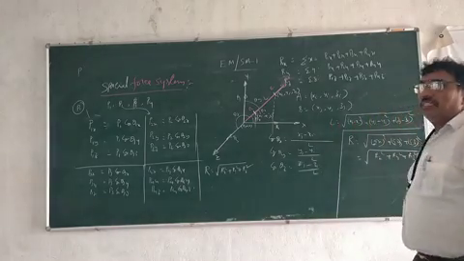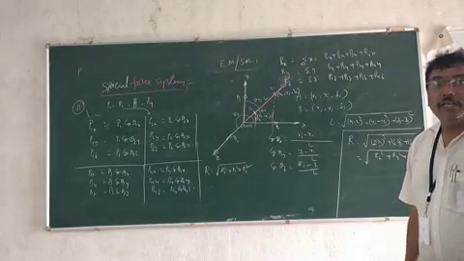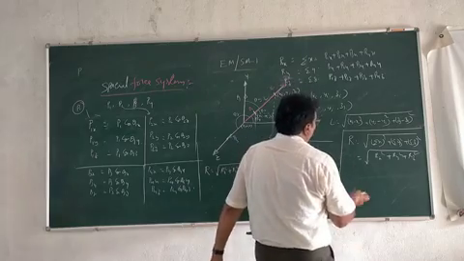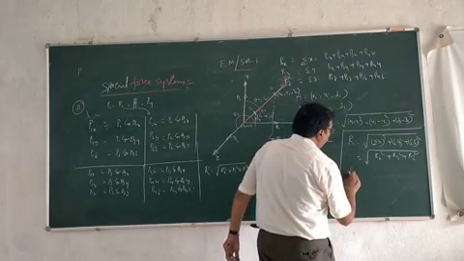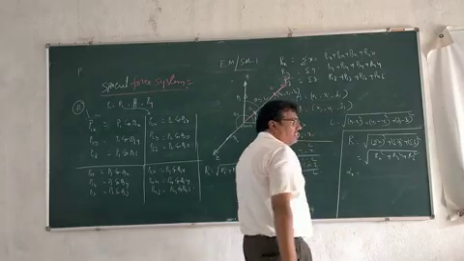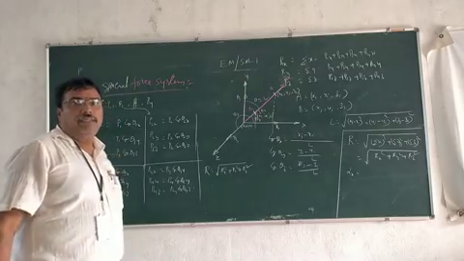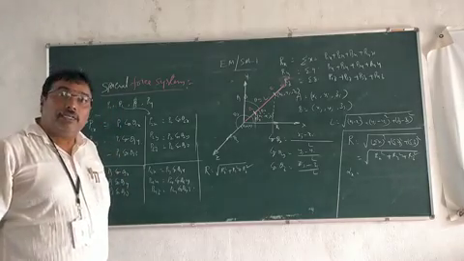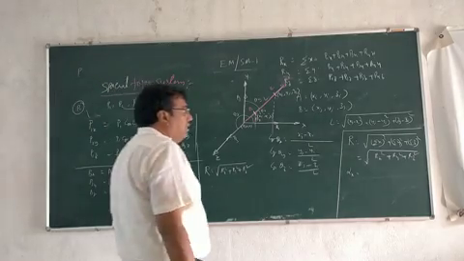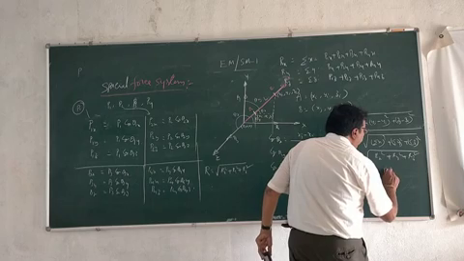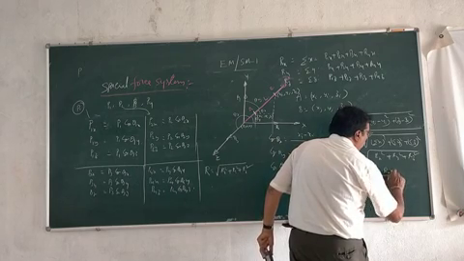Next, you should know the direction. How to determine the direction? That is alpha x, the direction of sigma x with respect to the x-axis. That means alpha x is cos inverse Rx by R.